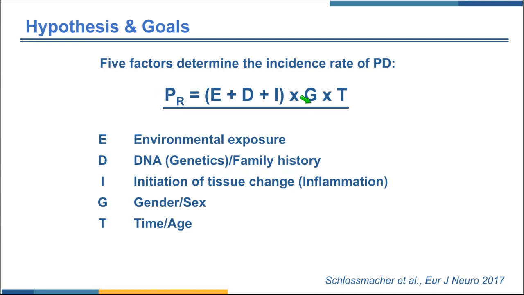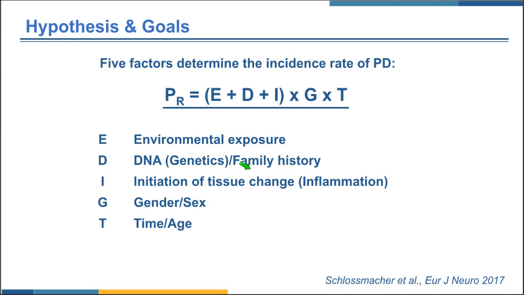You can see the details: E is for environmental factors, like environmental exposures and things you interact with in the environment. D is for DNA, genetics. For most people, if you don't really know your genetic risk, you can use family history as a surrogate.